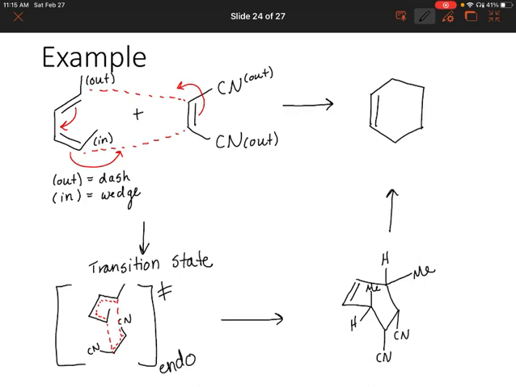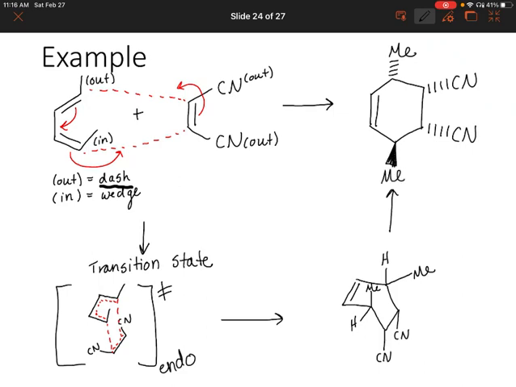And then the cyanide groups we said are pointing out. So that must mean they're in the dash position. Okay. Now, the methyl group on top is pointing out as well, so that will also be in a dash. And then the other methyl group is pointing in, so that must mean it's in a wedge.